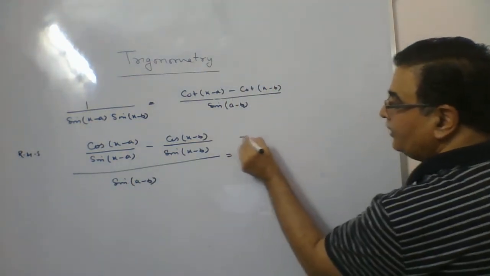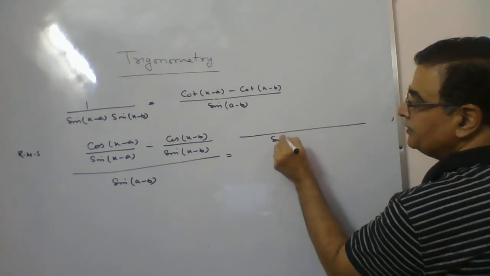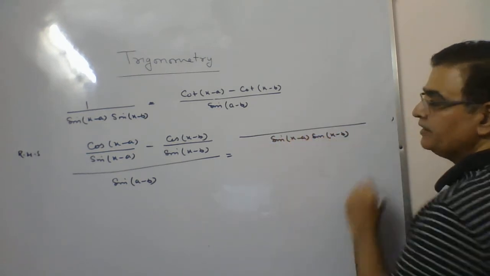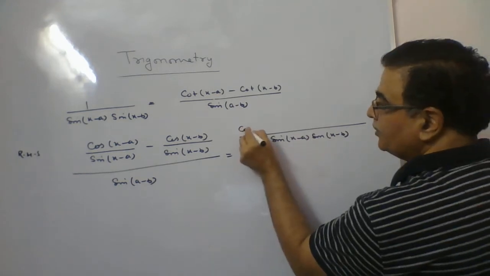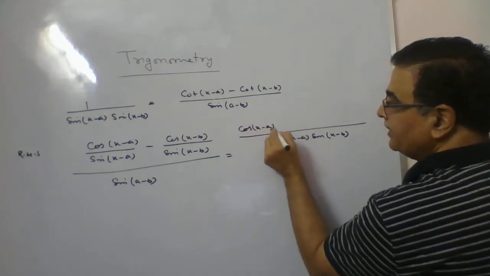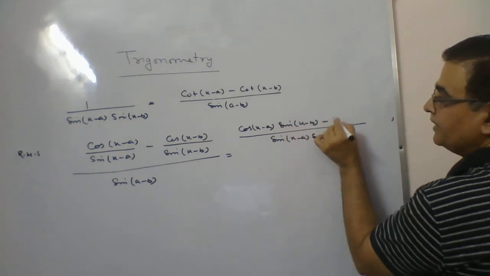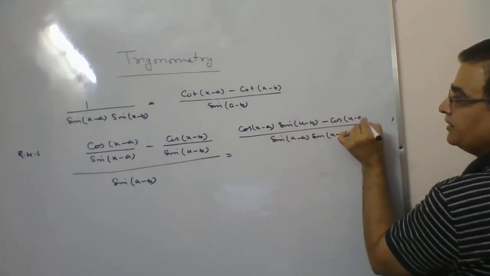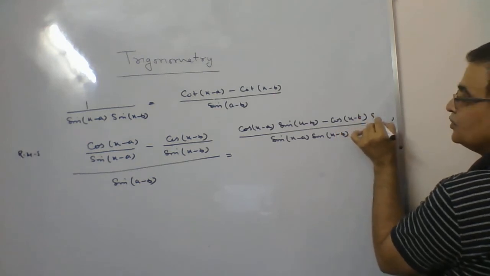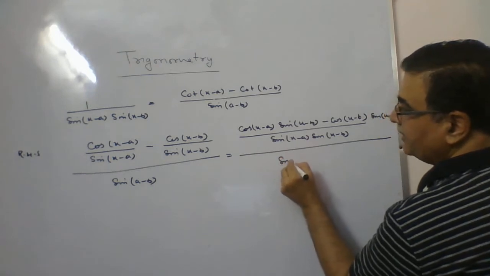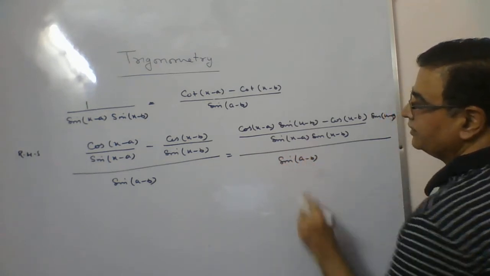Now when you solve the LCM here, it will come out to be sine (x minus a) into sine (x minus b). Then the numerator comes out to be cos of (x minus a) into sine of (x minus b) minus cos of (x minus b) into sine of (x minus a), and whole divided by sine (a minus b).